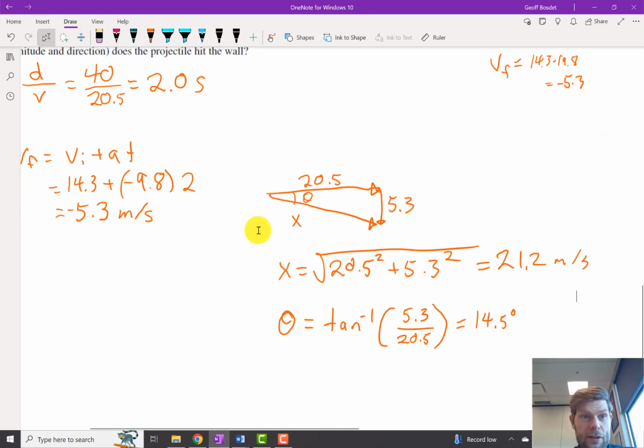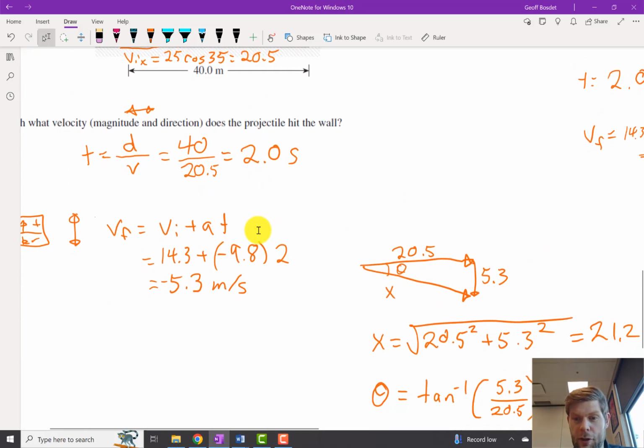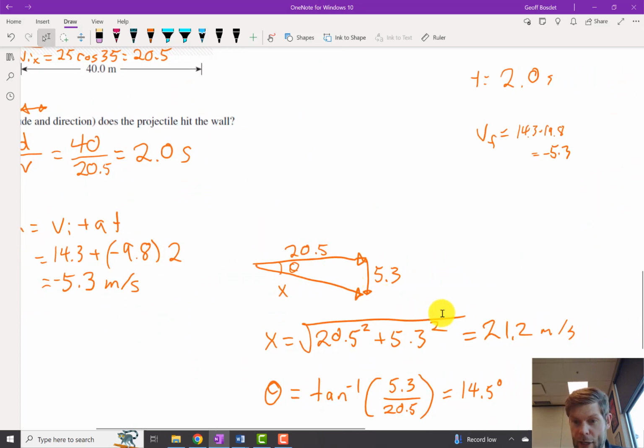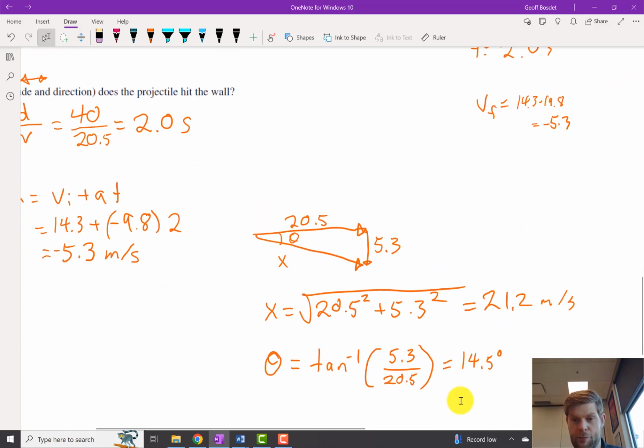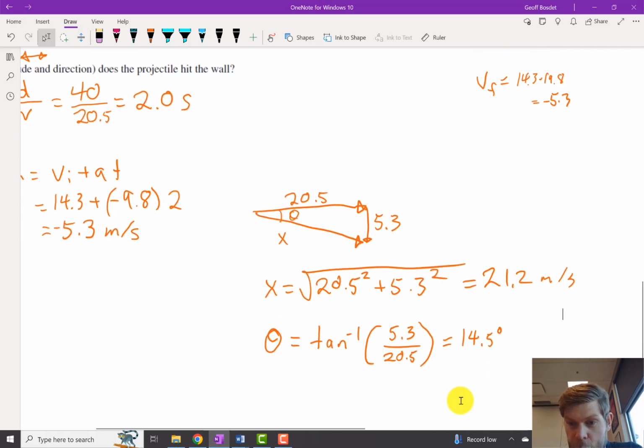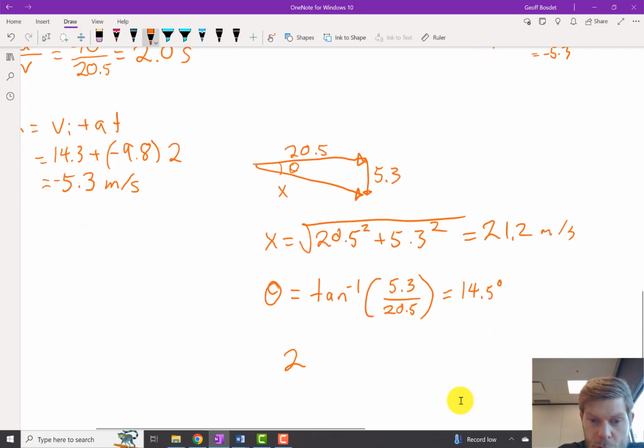So we find out that at the end, right as it's hitting the wall, it is moving at 21.2 meters per second at an angle of 14.5 below the horizontal. So 21.2 meters per second at 14.5 degrees below the horizontal.